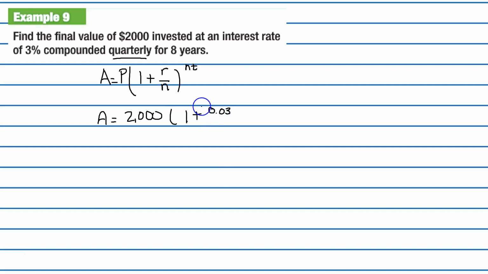And then we have N, which is the number of times it is compounded in the year. In our case, it's quarterly, so 4. And then we have N again, so 4 times, and T is time in years, which is 8.